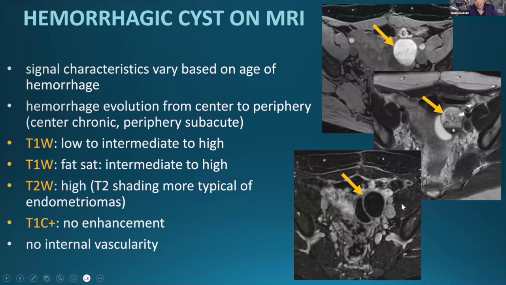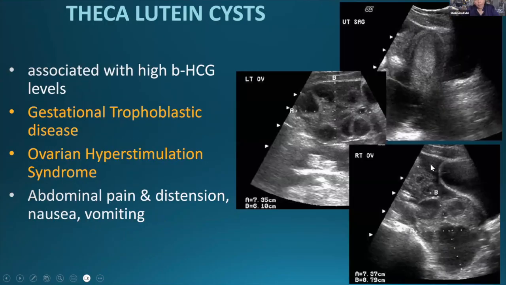And on axial post-contrast fat-sat images, the lesion shows no internal enhancement, so it fulfills all the criteria for a hemorrhagic cyst. Endometriomas typically show T2 shading, as was presented to you previously.